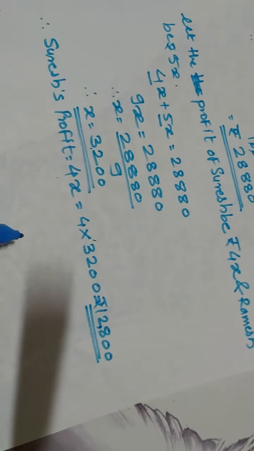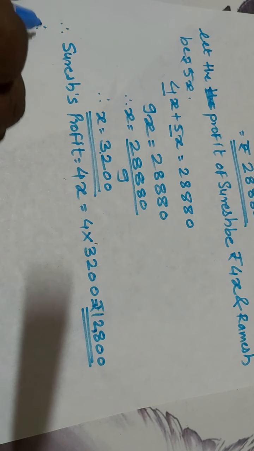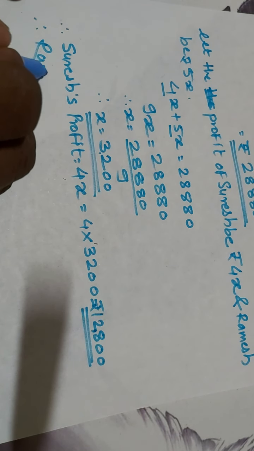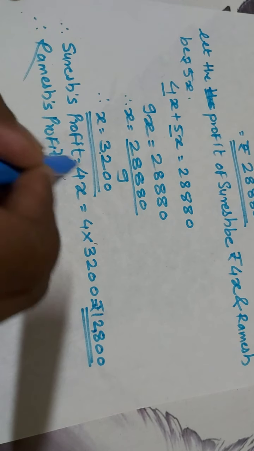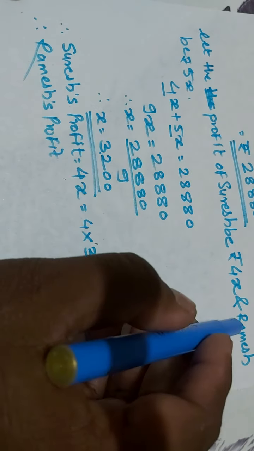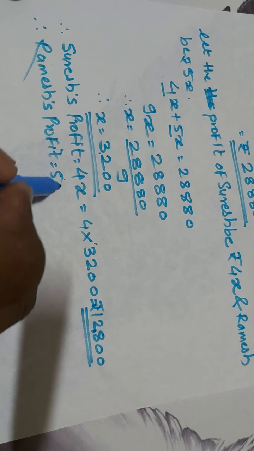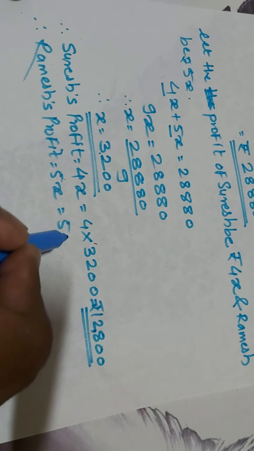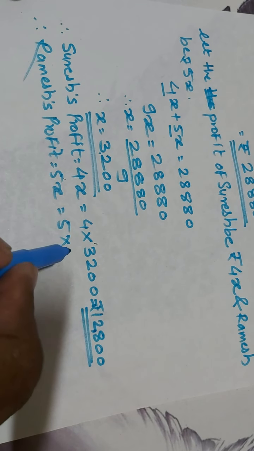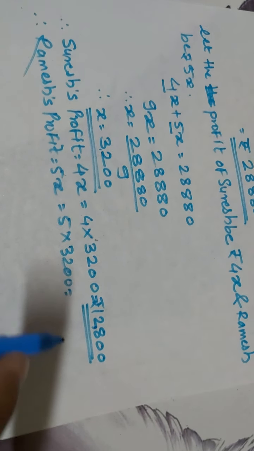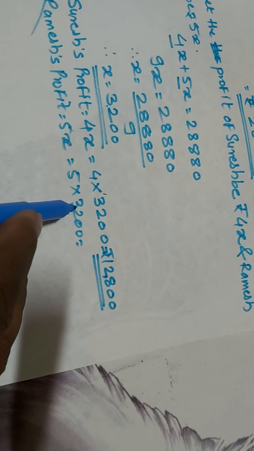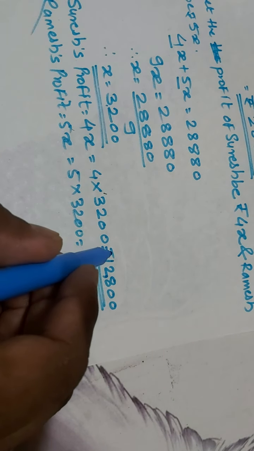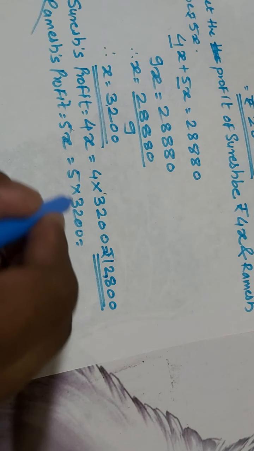12,800. Now therefore Ramesh profit, the proportion of Ramesh profit is 5, so 5x Ramesh is equal to 5x. 5 multiplied by x value, we know that is 3200, is equal to, if we multiply this, 5 3s are 15, 5 2s are 10.